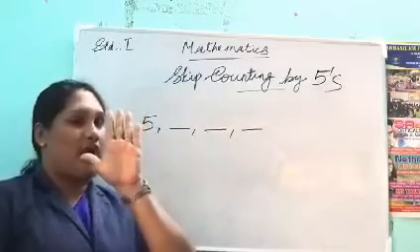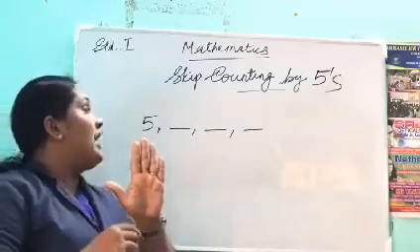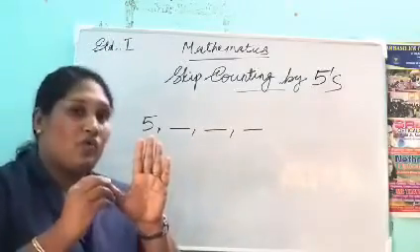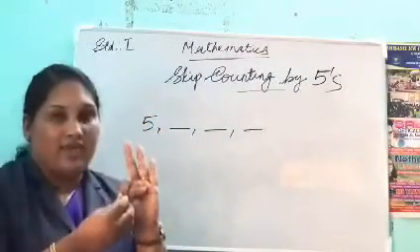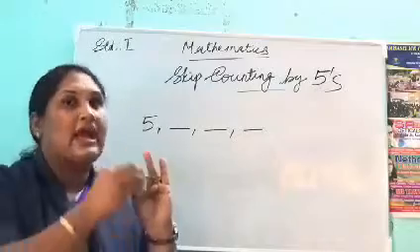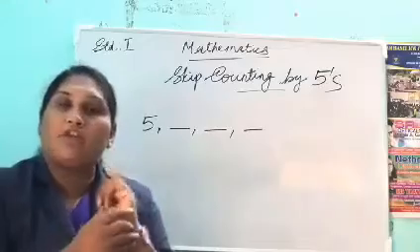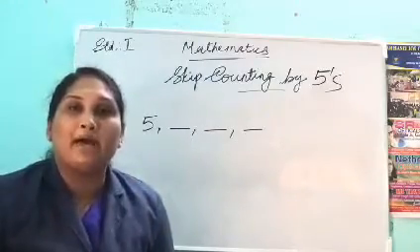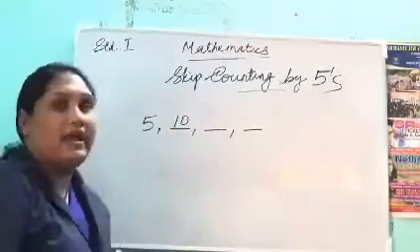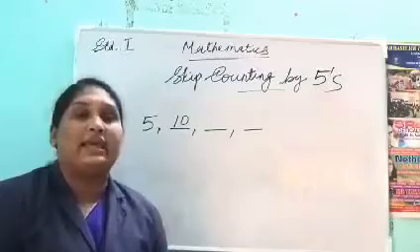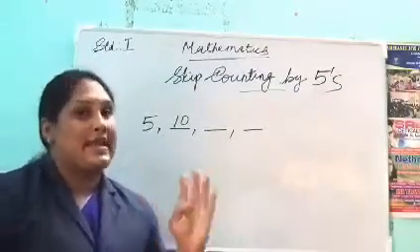We have to take 5 fingers and count the next numbers after 5. 6, 7, 8, 9 and 10. Which number did we get last? We got the number 10. So we write the number 10. We skipped 4 numbers before 10.